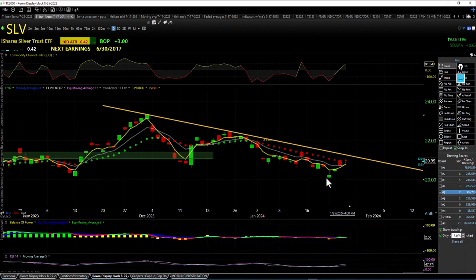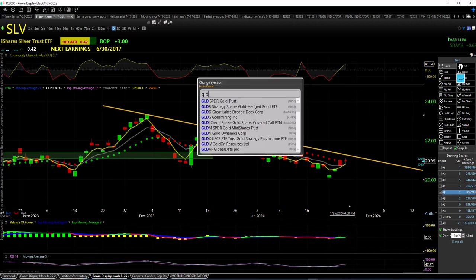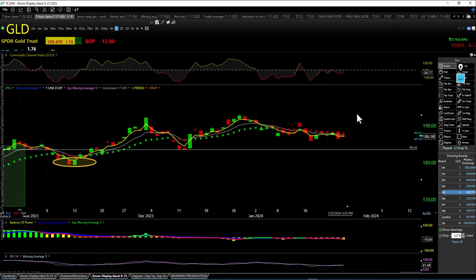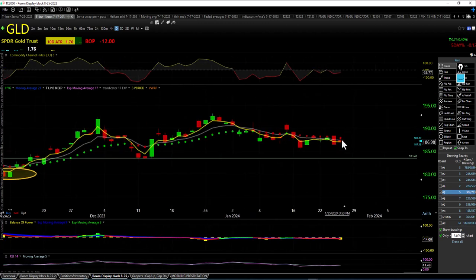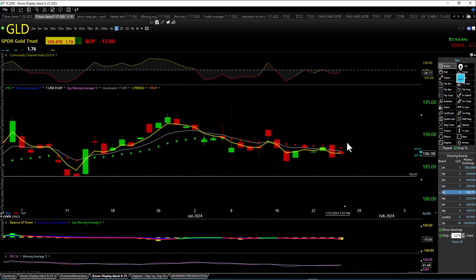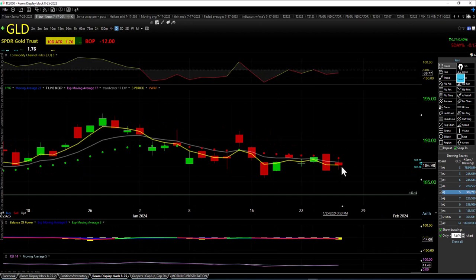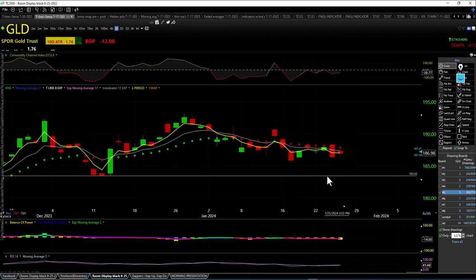Here's a low, lower low, downtrend. So there's silver. Take a look at gold. Gold consolidating in a bull flag, but underneath the bearish trap, underneath the trend indicator, closing inside the trap right there for gold.